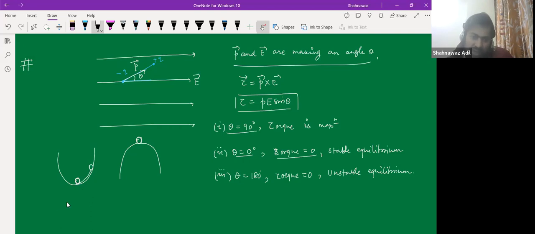So this kind of equilibrium is called stable. And let's say if you have an object, so if you push this object in here, so it will go down. So this thing is called unstable equilibrium. So is it clear, guys? Is it clear?